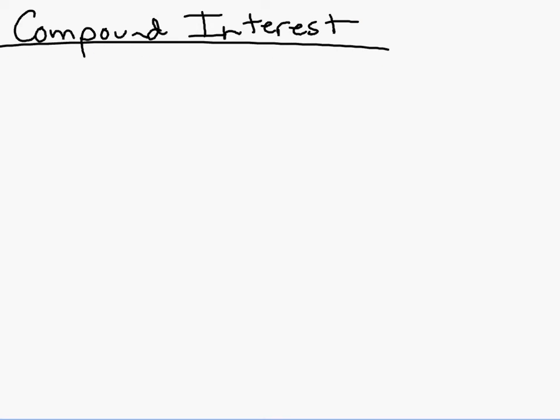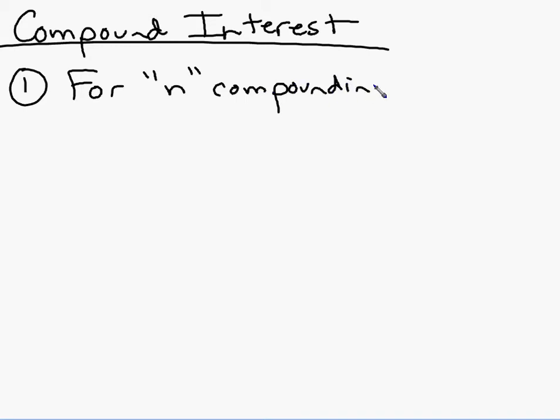All right? There's one other type of problem that I want to go over, and it's this idea of compound interest. Now, there are several compound interest formulas. This is a very basic one. Okay? So, the first formula is for n compoundings per year. Now, what do we mean by compounding the interest?